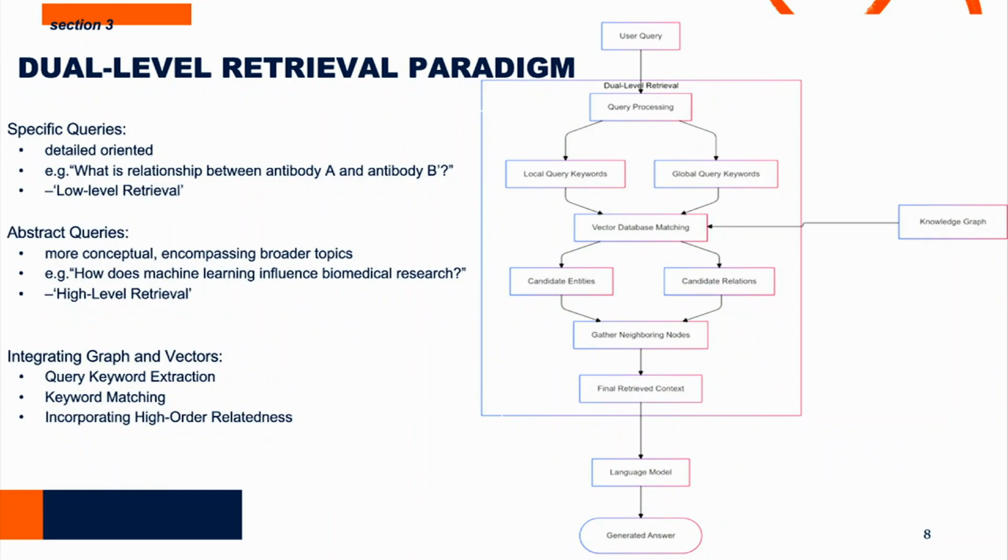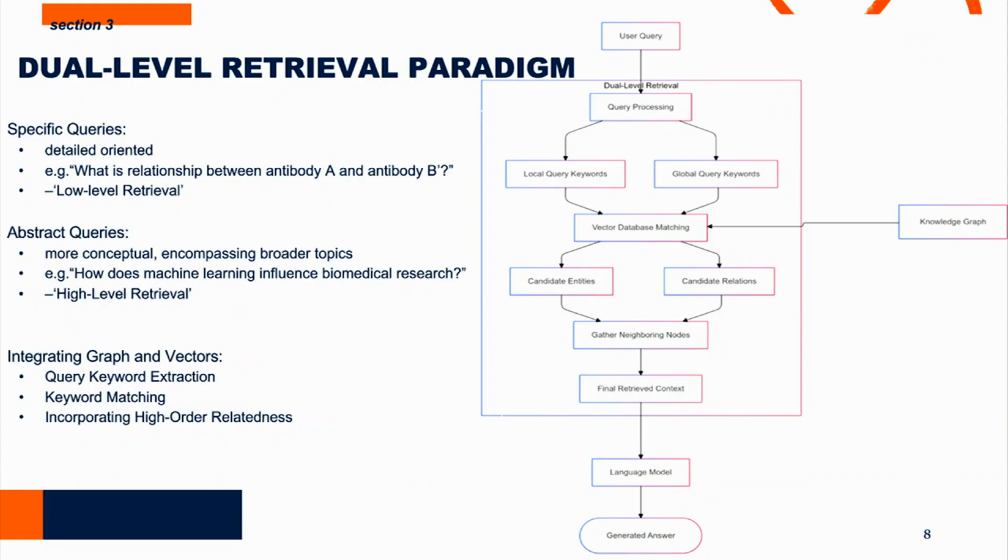So here we adopt the dual level retrieval paradigm, which is: we extract local query keywords and global query keywords by prompting the large language model and doing similarity matching to the context in the knowledge graph, and it will generate two sets of candidate entities from 2 levels.